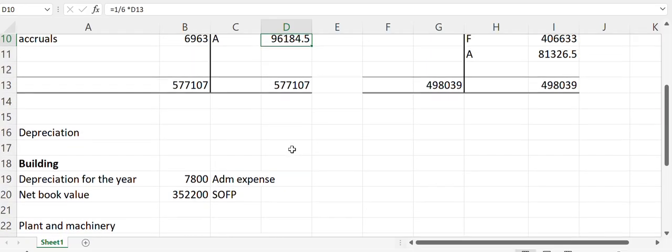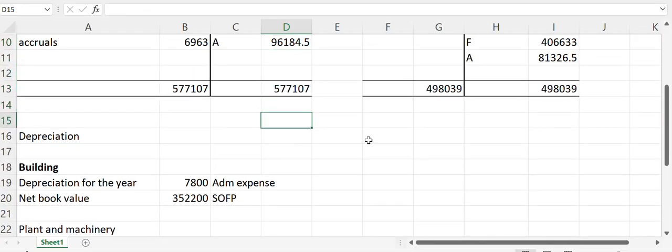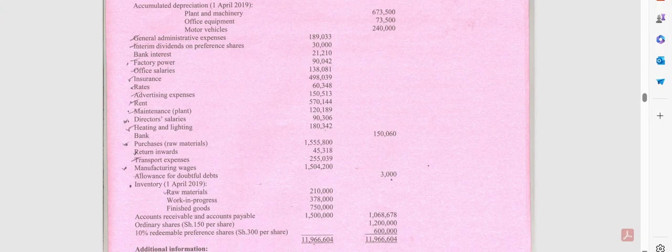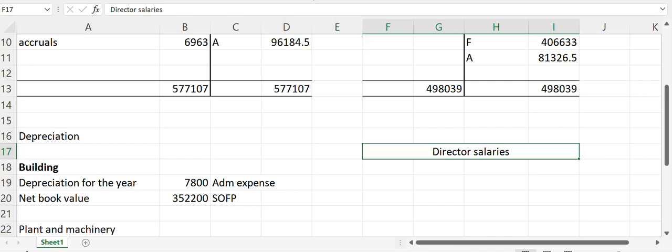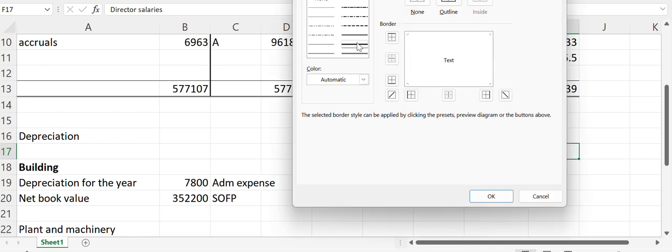So we open director salaries to adjust that account. We can do it somewhere here. They have called it what? Directors or director salaries. So remember, directors are generally involved in the management affairs of a company. But here, in the additional information, they have mentioned sales.